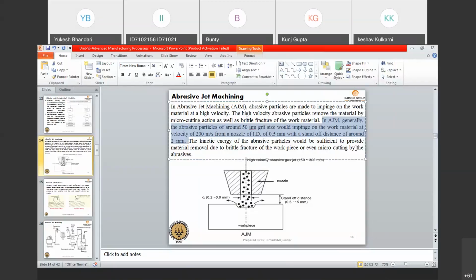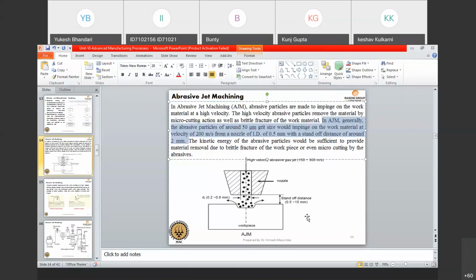Now what is stand-off distance? You can see in this figure, the stand-off distance is the distance between the nozzle surface and your workpiece surface. The distance between nozzle and work surface is known as stand-off distance.